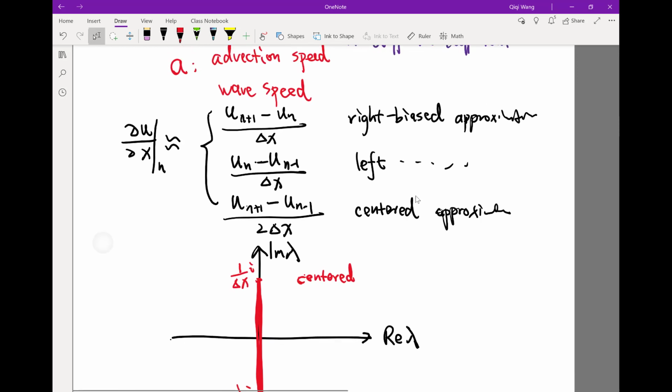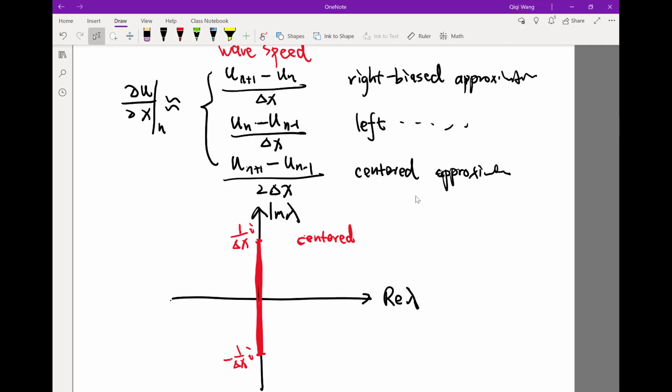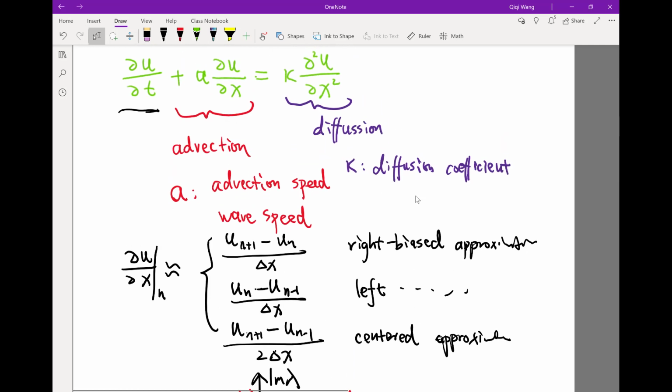Now for the right biased approximation. I always forget which side of the imaginary axis it lies on, but you can figure that out by thinking about what kind of advection speed it is stable for.